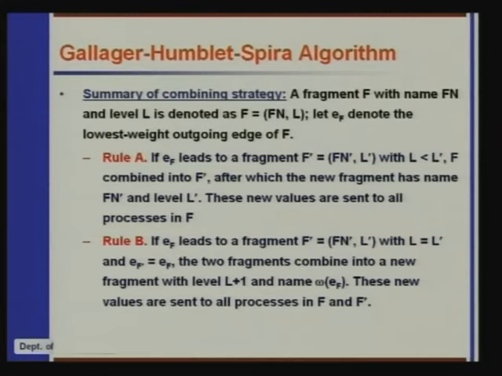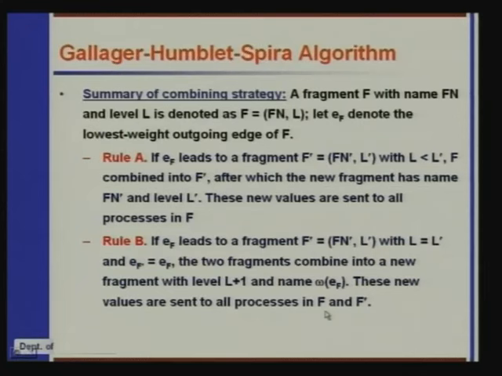That is how it works in the algorithm, and they combine into a new fragment with level L plus 1 and name the weight of EF. These new values are sent to all processes in F and F dash by the two processes P and Q, on the two sides of EF.